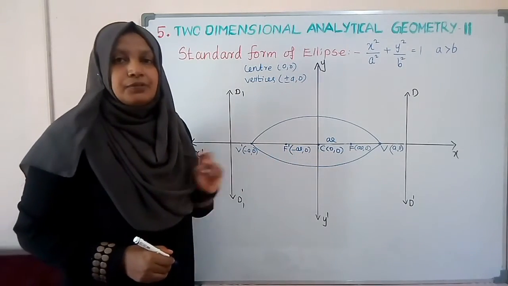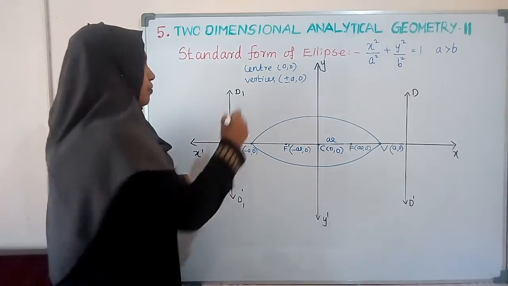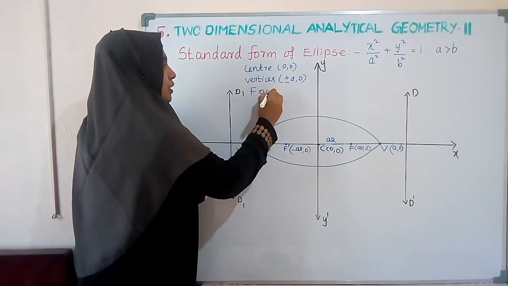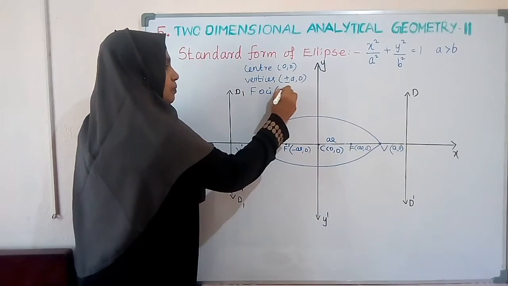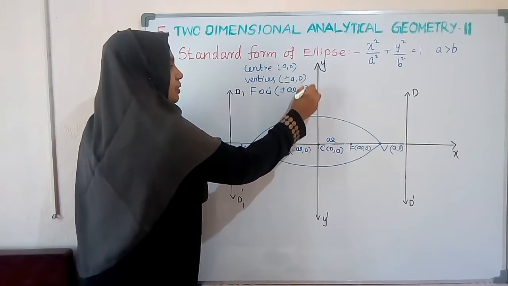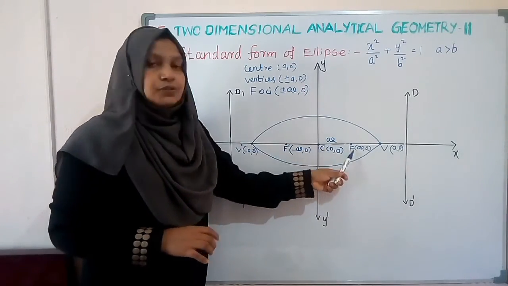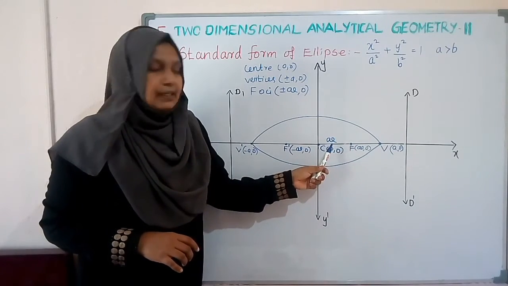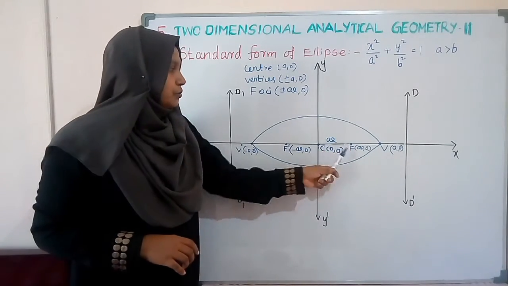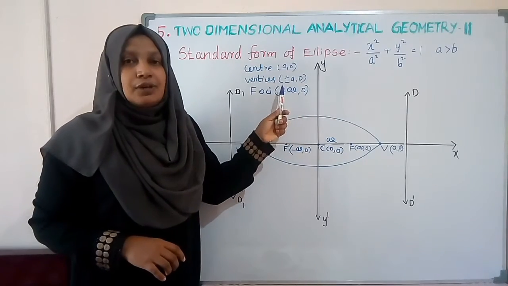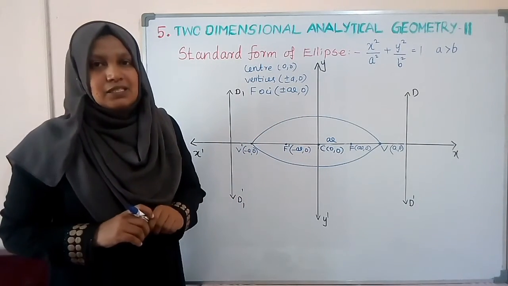Since we have two foci, it is plus or minus ae comma 0. The distance of the focus from the center is ae, and the foci are plus ae comma 0 and minus ae comma 0.